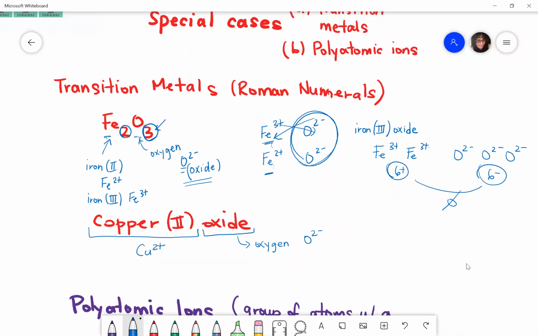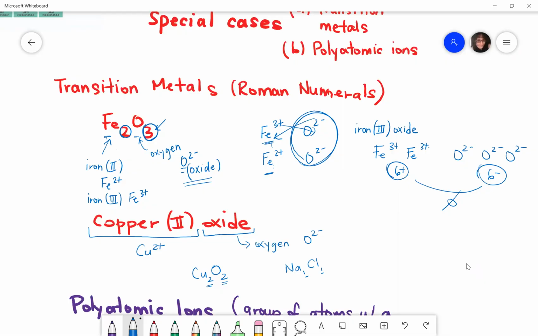And all we're going to do is cross the charges and do the crossover rule. But what you're going to notice is there's these two little 2's at the bottom, right? Remember how we had something earlier like this with Na1Cl1? What you can do is you can reduce the charges and get rid of these numbers, right?